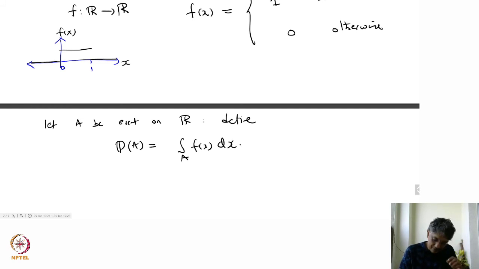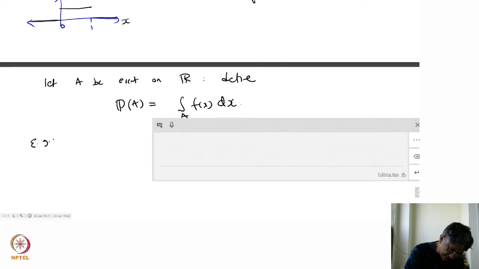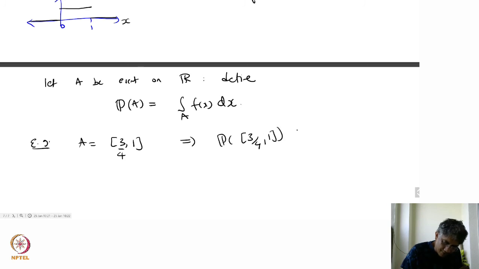Now, obviously, to understand this for an event A is quite easy. For example, if A was the interval from 3/4 to 1, then the probability of the interval 3/4 to 1 would be just the integral from 3/4 to 1 of f of x dx.